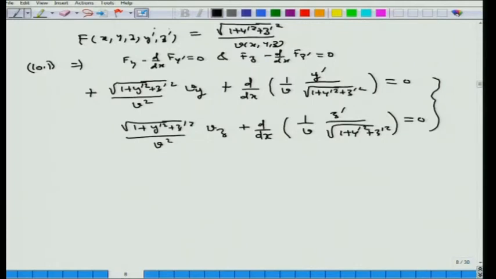Now, next we will consider when higher derivatives are appearing, when f involves higher order derivatives.